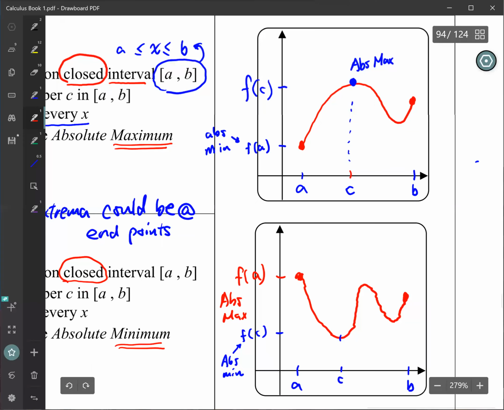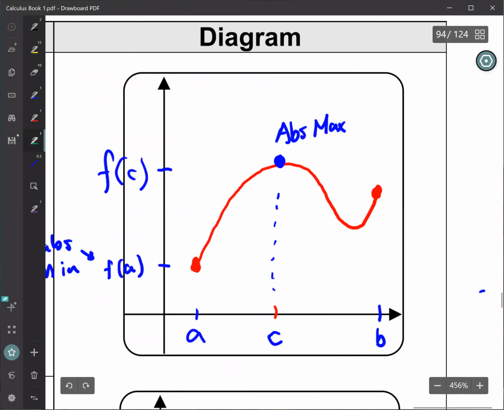I want to be able to find a small interval. It doesn't matter how small it is, but within there, I can find either the highest or lowest. For example, the first graph, I'm going to use green. So I could say the interval is here to here.